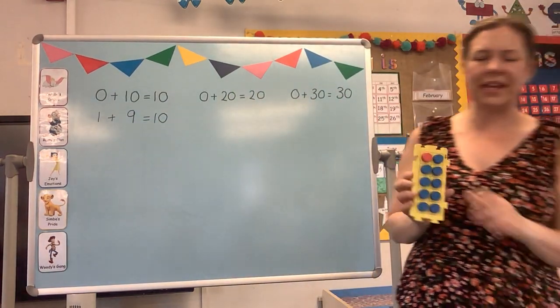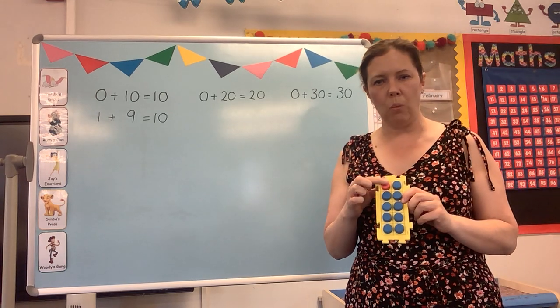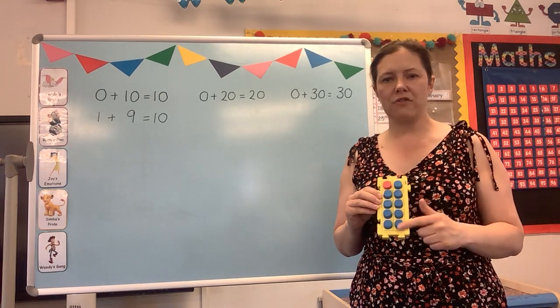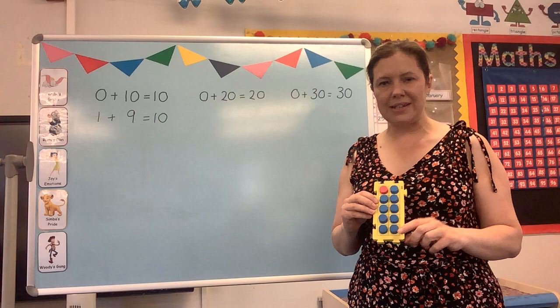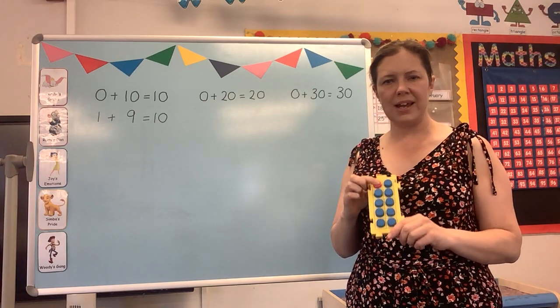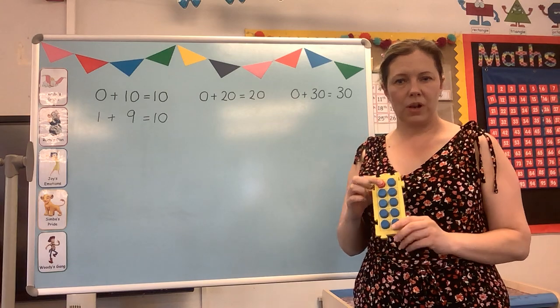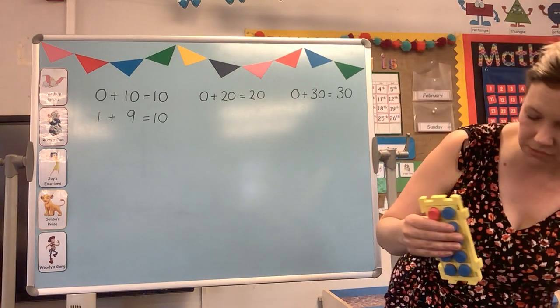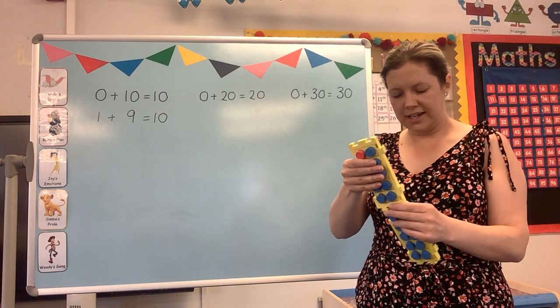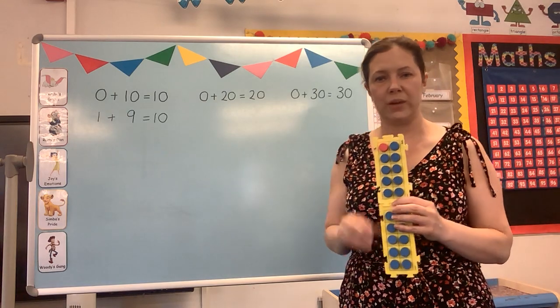So what if I was making 20 then? I've got 1 good apple and I've got 9 bad apples, but how many bad apples would I have if I had 20 in the bag altogether? Well, I've got 10 here, haven't I? So I'm going to put on another 10 to help us because 10 and 10 is 20.